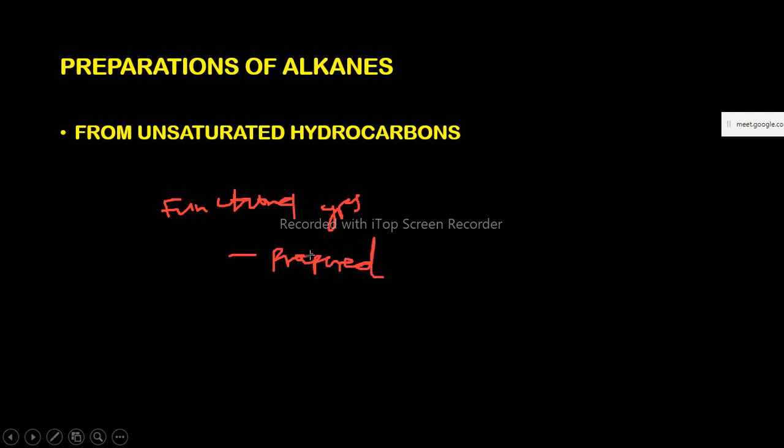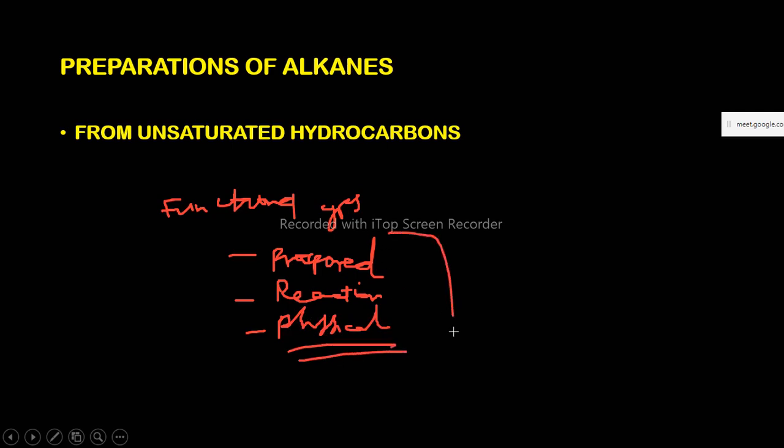And after knowing how each compound is prepared, you know how each compound reacts, the different reactions of each functional group, and then you know some physical properties too. If you know this, organic chemistry becomes easy, because it is this that is examined.